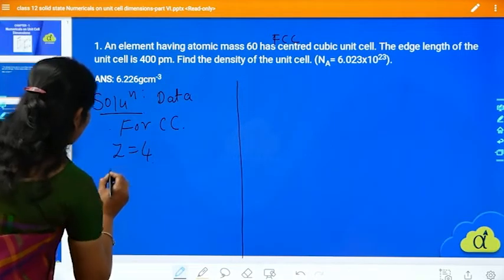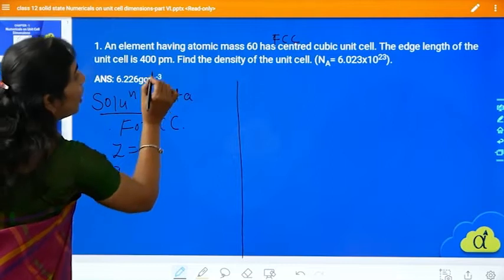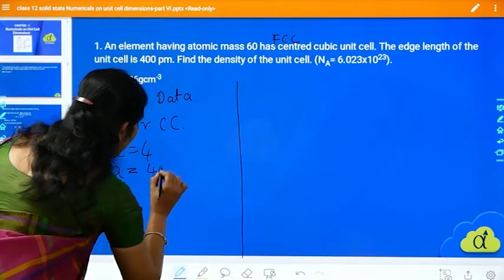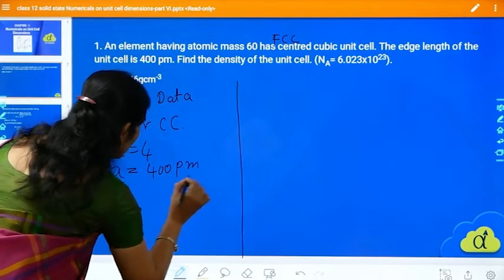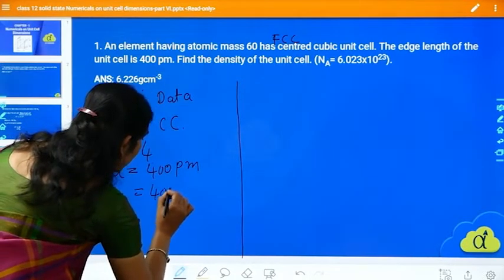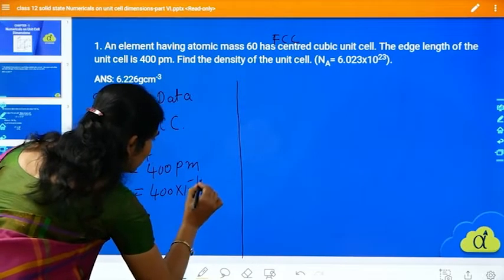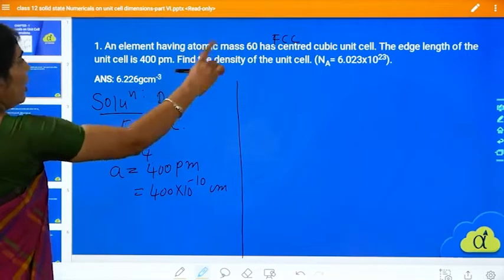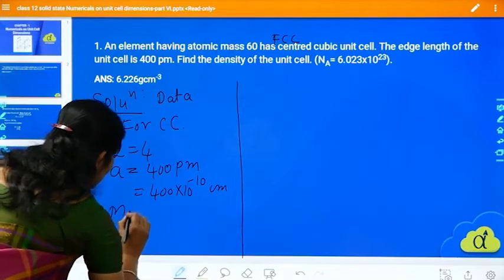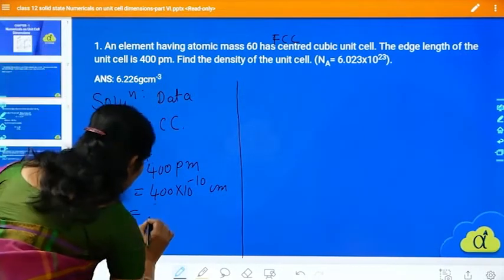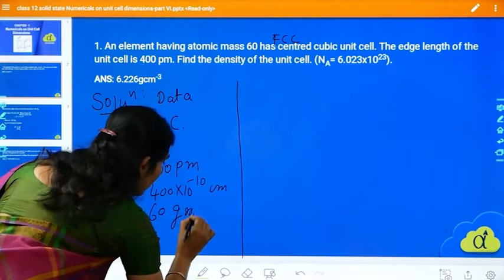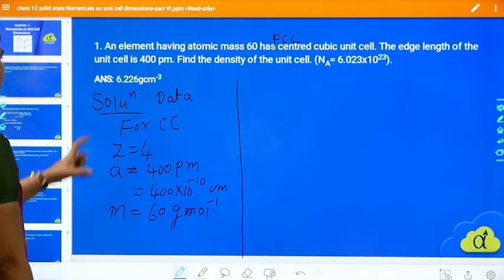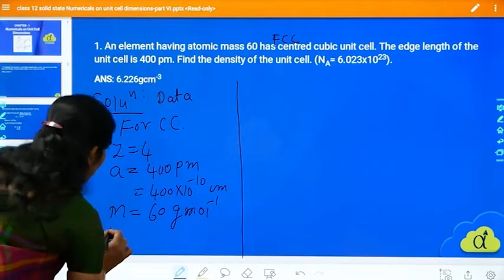The edge length of the unit cell is given: A is equal to 400 picometer, or else you can write 400 into 10 power minus 10 centimeter. This is the A value. Then the atomic mass M is 60 grams per mole. It is also given, right? Now what we have to calculate? D we have to calculate.